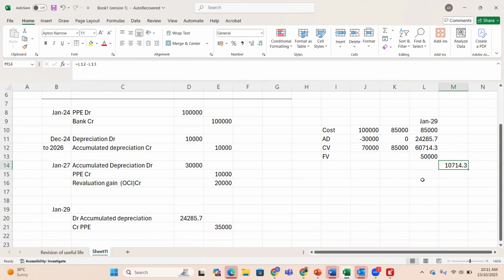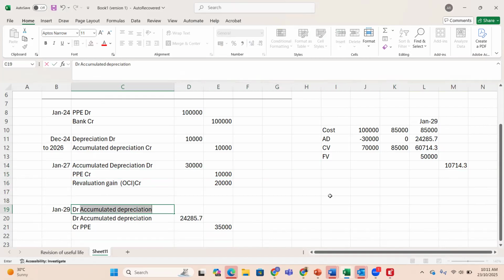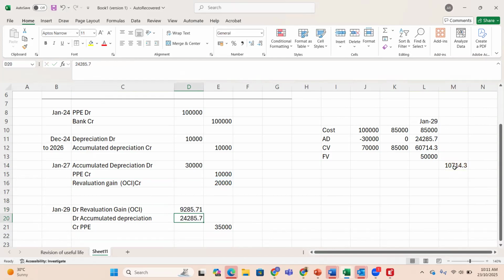So 10,000 is going to be my total revaluation loss, out of which I already have a revaluation gain of 20,000. So what I'm going to debit is my revaluation gain, which is in OCI, to what value? 20,000 minus. No, I will do 10,714 here, and my balance would be that.